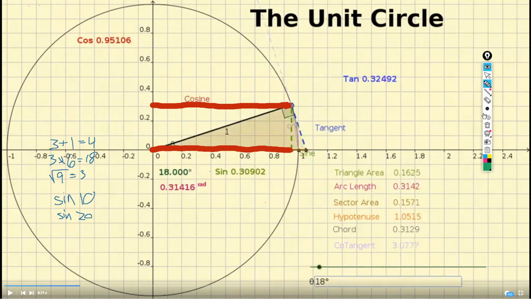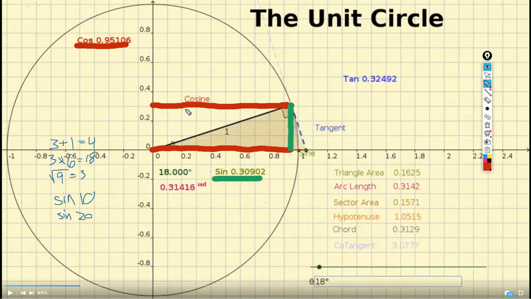And this part right here is the vertical part of the triangle, which is sine. And the red part's cosine. So in other words, what sine and cosine are giving us are the horizontal and vertical components of a triangle, okay? And specifically, not just any triangle, but the unit circle triangle.